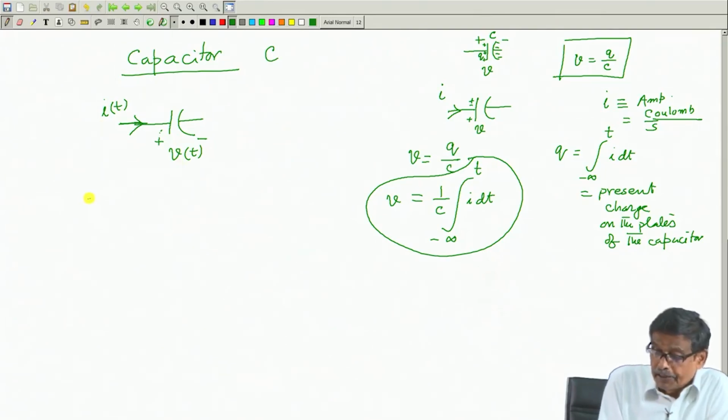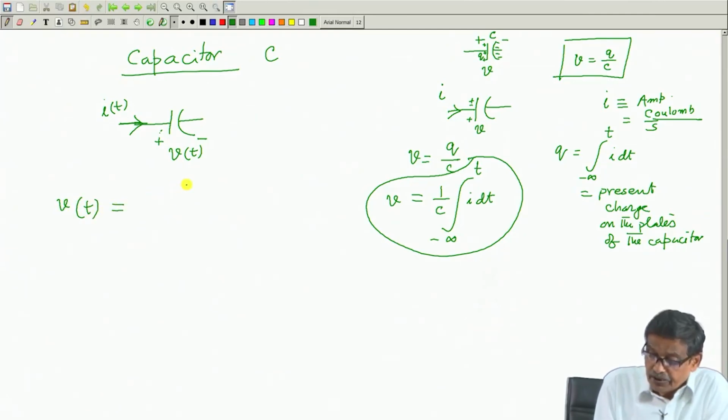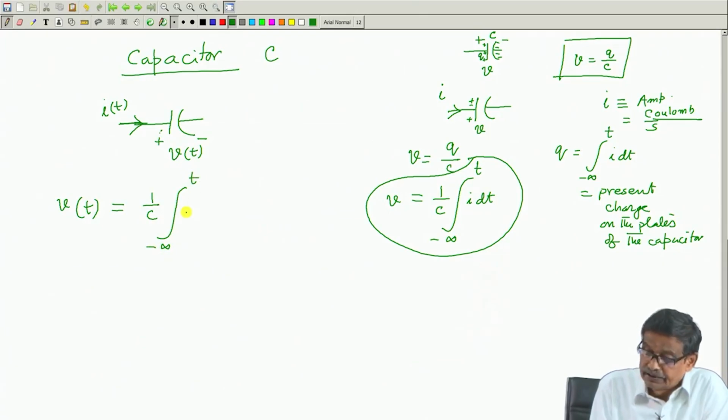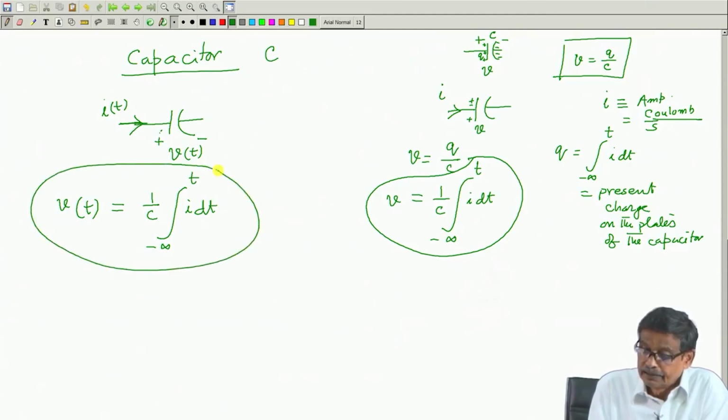Therefore, the present value of the voltage across the plate of the capacitor will be Q by C. So, 1 by C, and Q is nothing but minus infinity to t, I dt. This is I, this is V t.